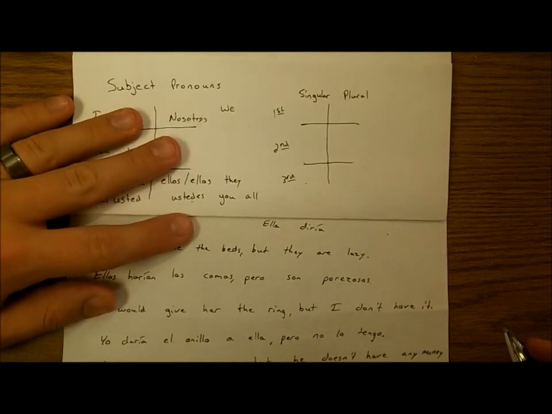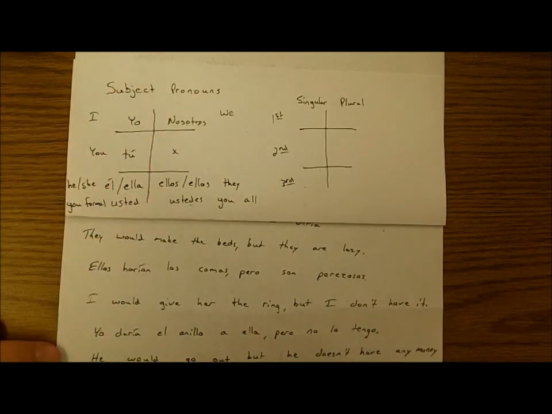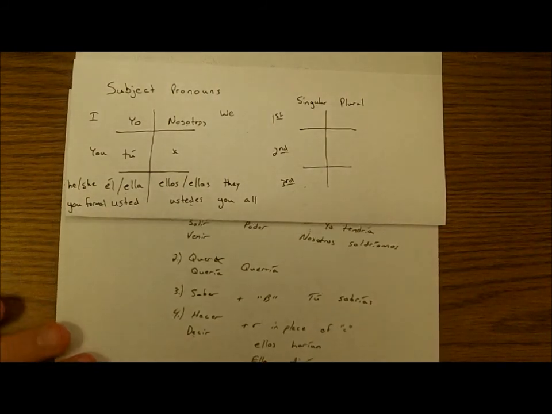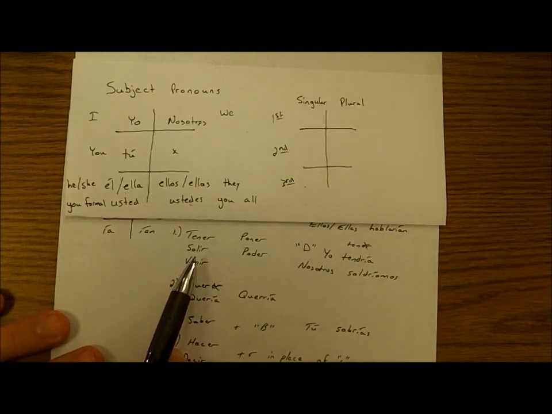So, in order to do this one, first of all, we need he. We know él is he. Go out, we look back up at our irregular verbs, and we know salir is to leave or to go out, which we know it's irregular.